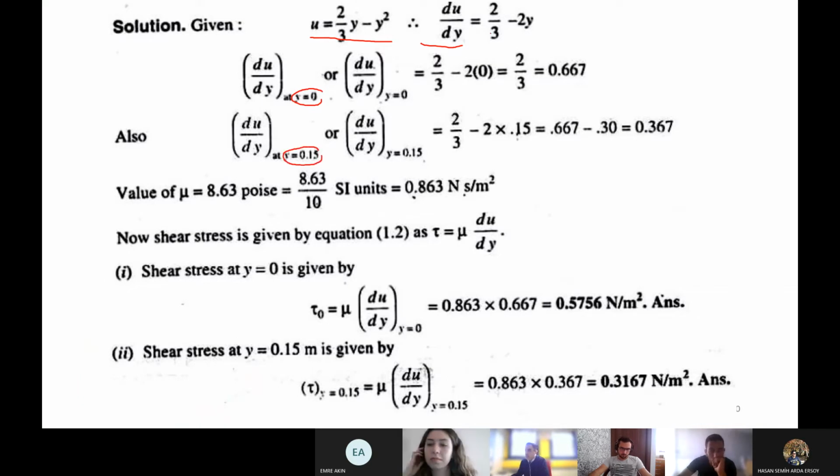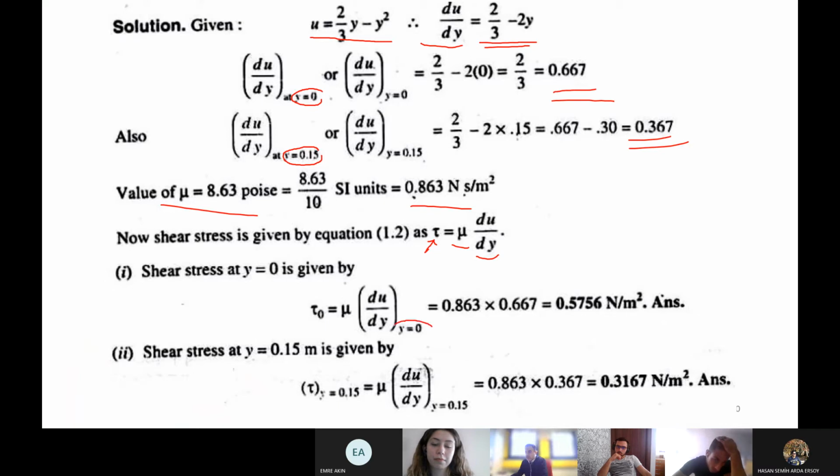If you substitute 0 or 0.15 here, it gives you the velocity gradient. Then you have mu divided by 10, which gives the Pascal second unit. Multiplying mu by these two values at hand, you can easily find tau.